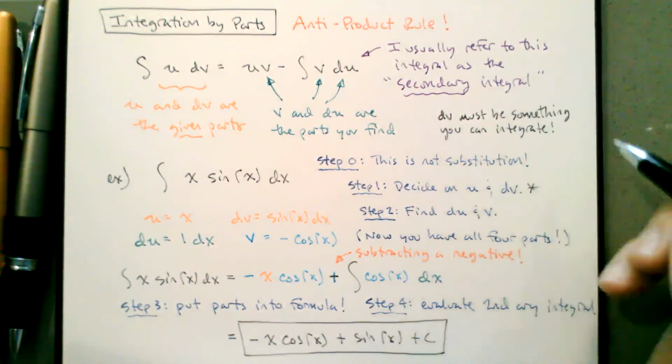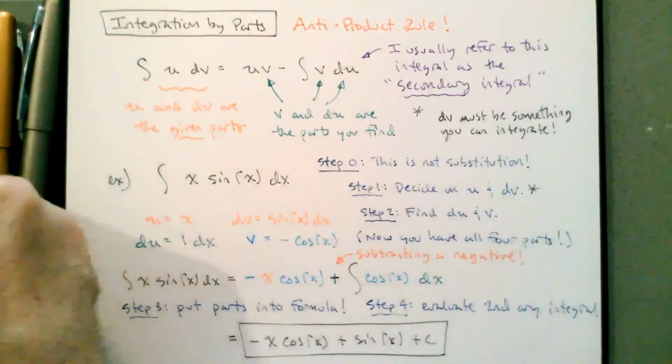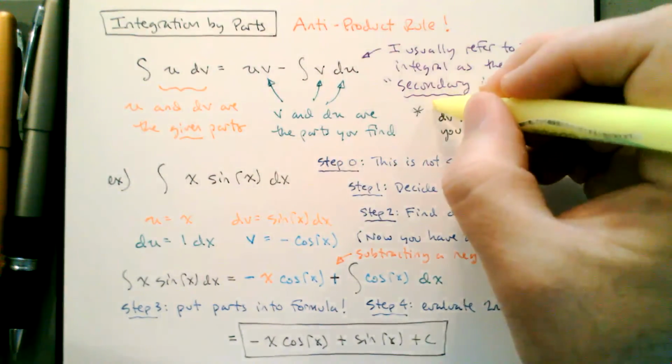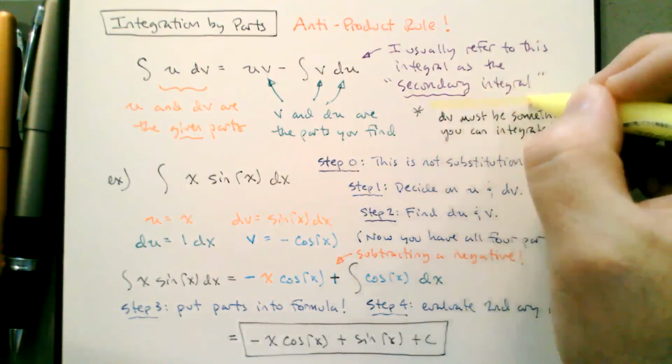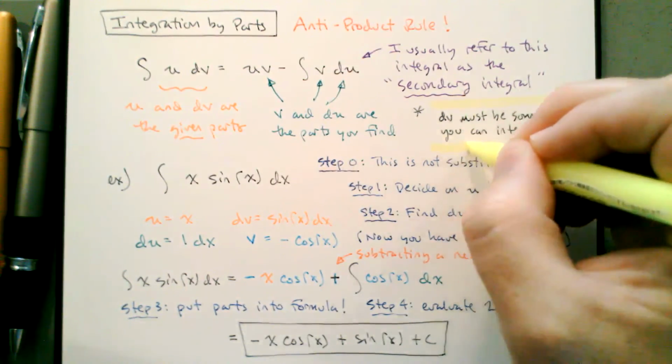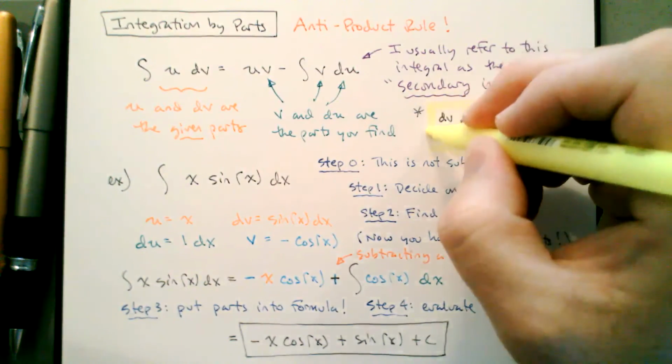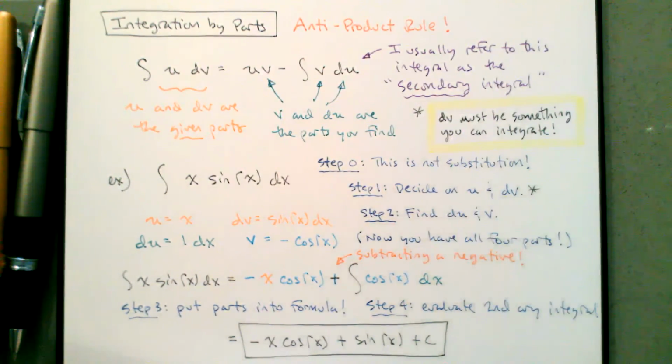That's my one rule for how to decide which one is u and which one is dv. The rest of the rules you have to discover on your own by making mistakes. I'm not going to tell you what to do because you won't know why. So I'm just going to leave it at that. dv has to be something that you can integrate.